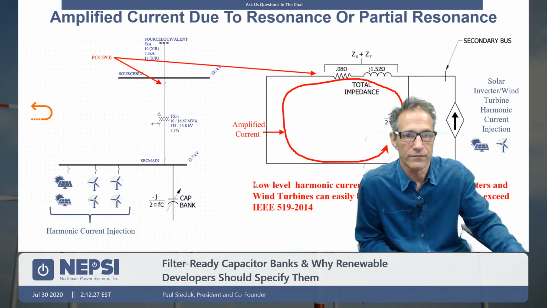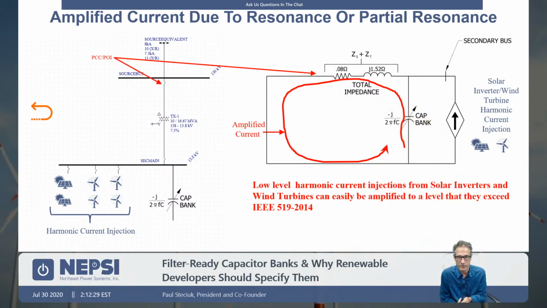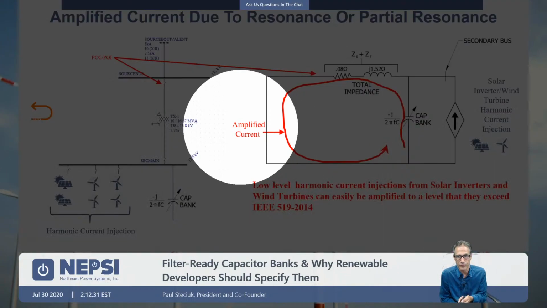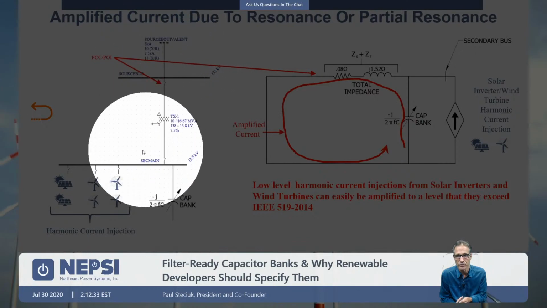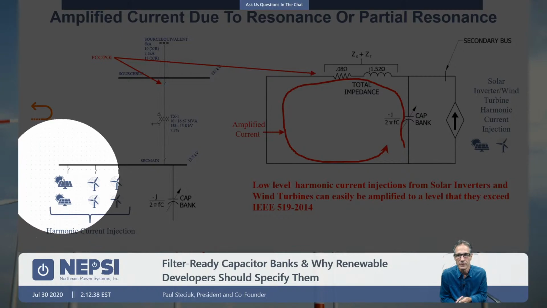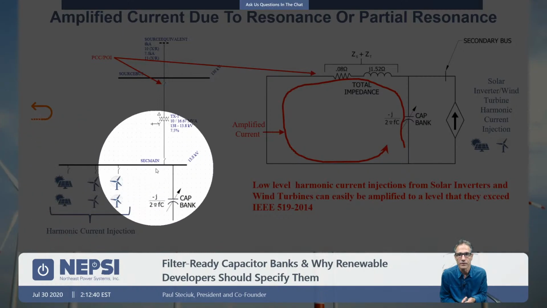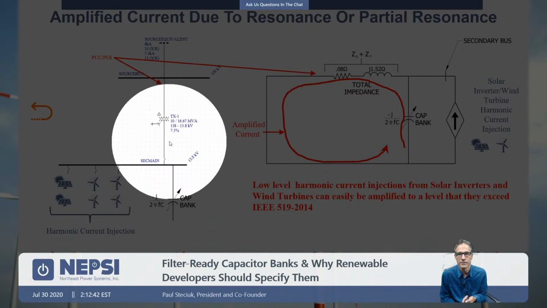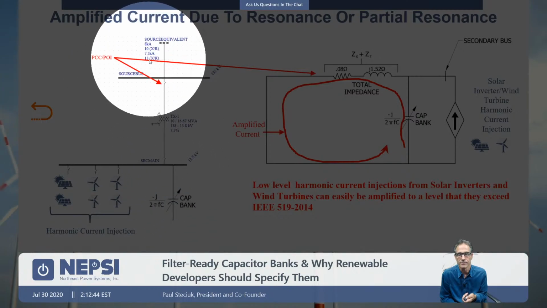When you look at current amplification, you can see here we just have a very simple collector system shown. Maybe you have some wind turbines, you have some solar arrays, some solar inverters, the collector bus, a cap bank here, transformer, and the source.